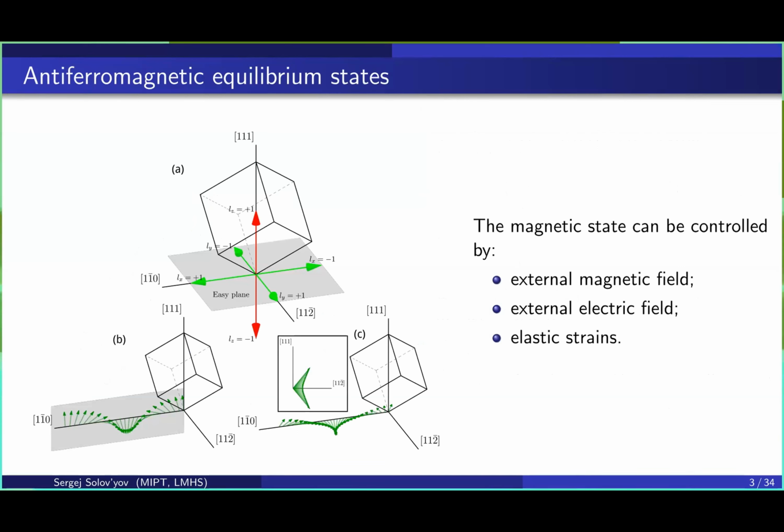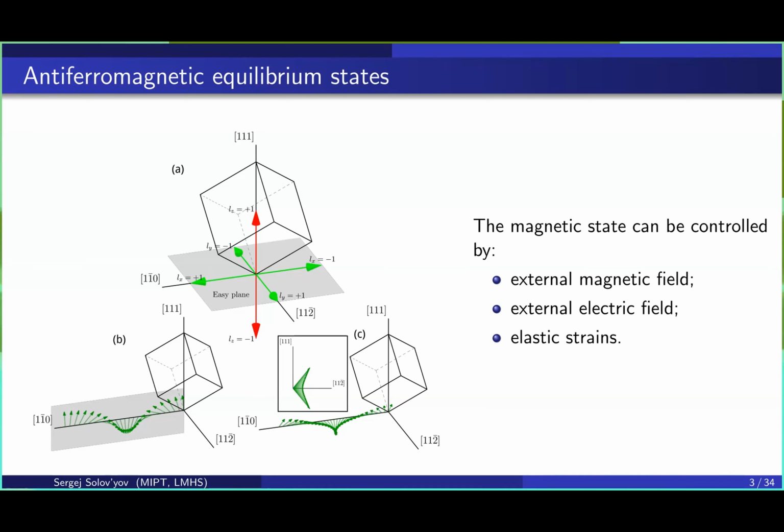Let me first say about possible equilibrium magnetic states. There are a number of equilibrium magnetic states at zero magnetic field and at room temperature. The main equilibrium magnetic state is described by a spin cycloid structure, which is shown as subfigure B. A spin cycloid or spin spiral is a spatial rotation of magnetization in some crystallographic direction.